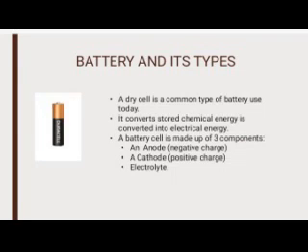In our remote control we use a battery, that is called the dry cell. It converts the stored chemical energy into electrical energy. In a battery, at the center a black rod is there, and chemical energy is stored inside the battery. That energy is converted into electric energy.